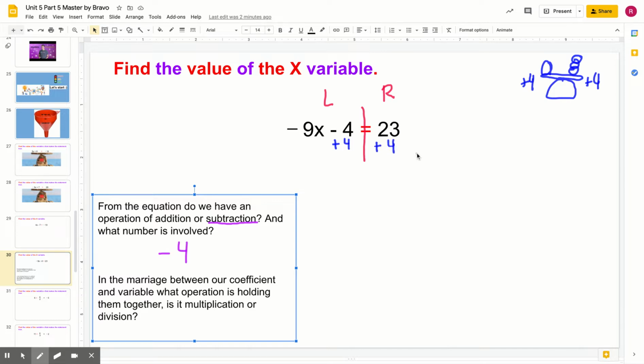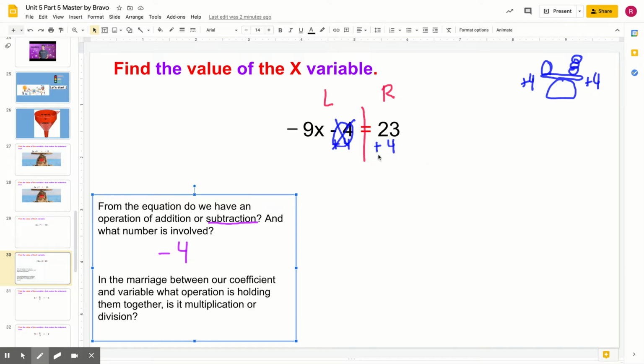At this very moment, you have to analyze the left side and see what's happening. Since you're subtracting 4 away and then adding 4 again, you should end up with 0. So this goes to 0. It goes away. I'm just going to cross it out because it doesn't exist anymore, at least on the left side.